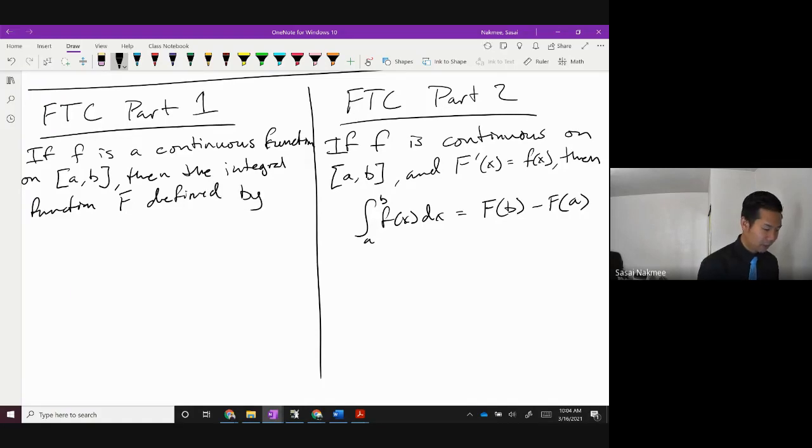Let's take it like this here, F of x is equal to the integral from a to x of f of, I'm going to put in a dummy variable here, so don't get thrown off by this right here. f of, let's say, s ds.